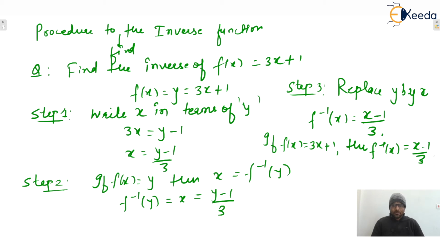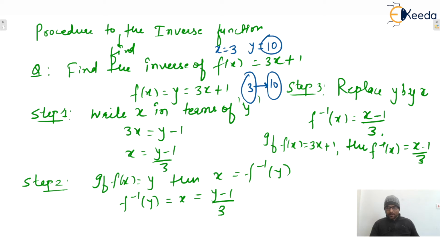I hope this one is clear to everyone. So that is the procedure, or you can take one example. You can do questions by putting some values also. So if this is the function, for x equals 3, the y value will be 10. So 3 will be mapped with 10.